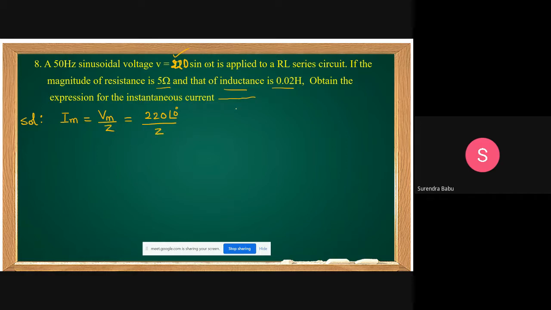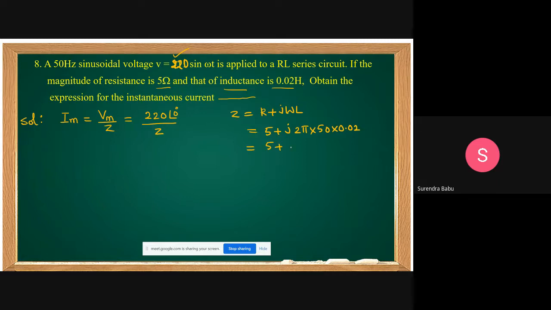Then how to find Z? Z equals R plus j omega L. What is R, students? How much is it given? 5 plus j omega, 2 pi f, f is 50, L is 0.02.